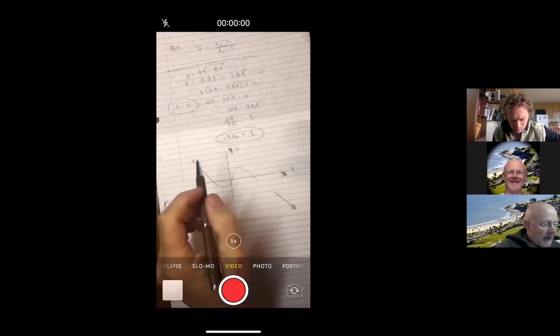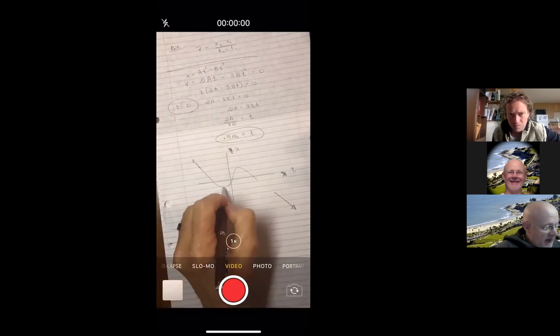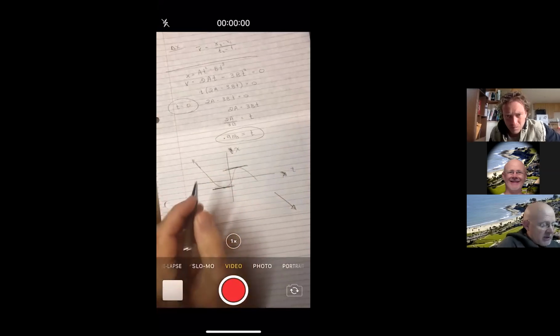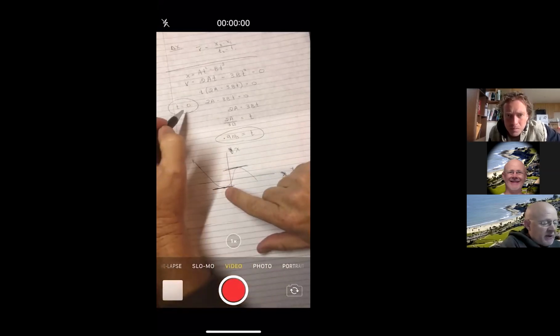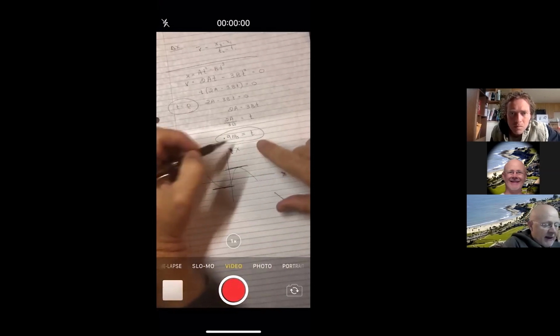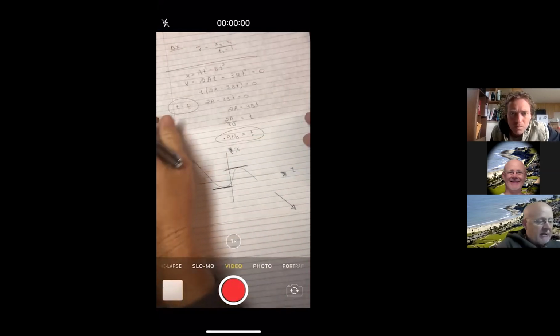So coming back to this graph, when the velocity equals 0, that's the slope. So this point and this point. So this point must be at 0 time, and this point must be at 0.